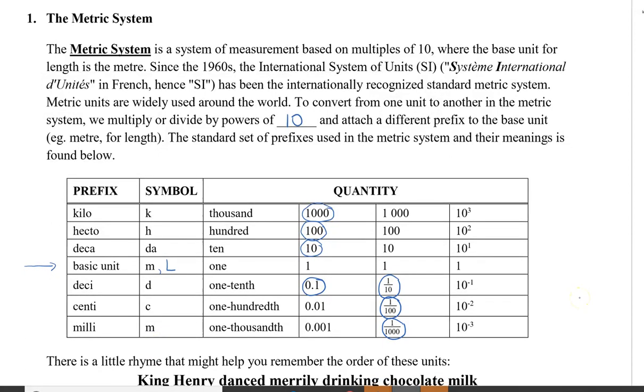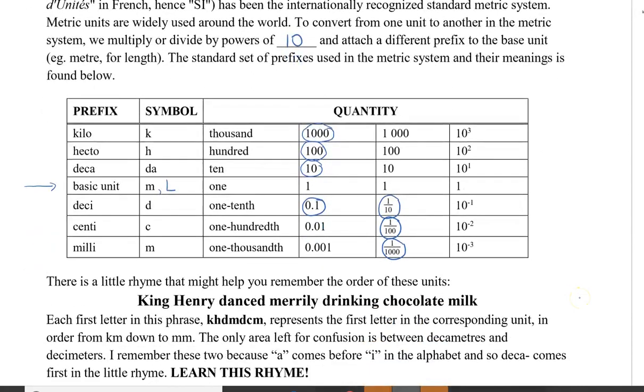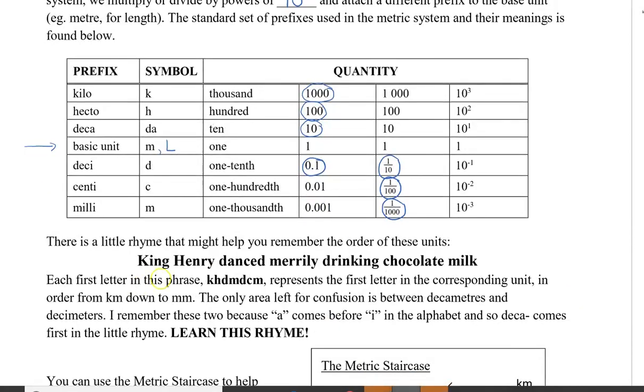There's a little rhyme you can use to help you remember the order of these units: King Henry danced merrily, drinking chocolate milk. Each letter in this rhyme, K, H, D, M, D, C, M, represents the first letter of the corresponding unit in order from kilometer all the way down to millimeter.